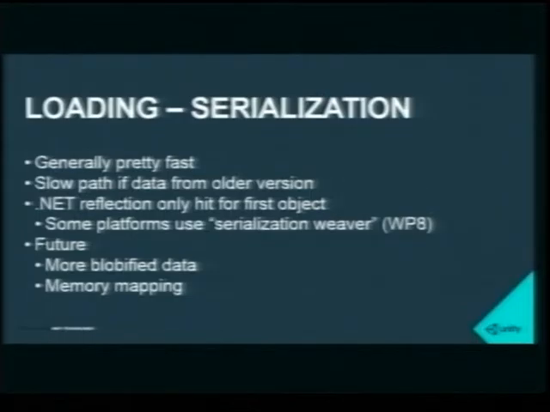In Unity, we use our own internal serialization system, which, the good news, is pretty fast. There is, however, a path in there which is pretty slow, which is the backwards compatible path. This is used in the editor all the time. When we load old Unity data, we still want to be able to load that even in the newest version of Unity.